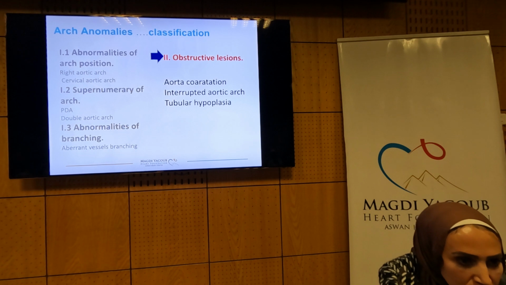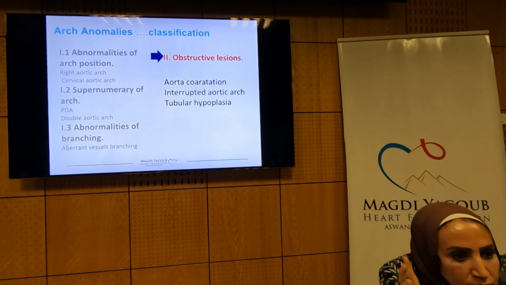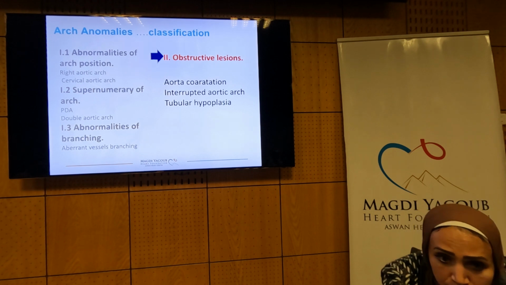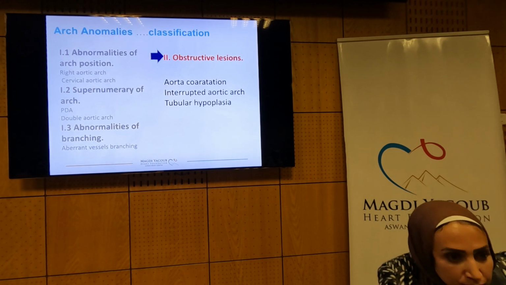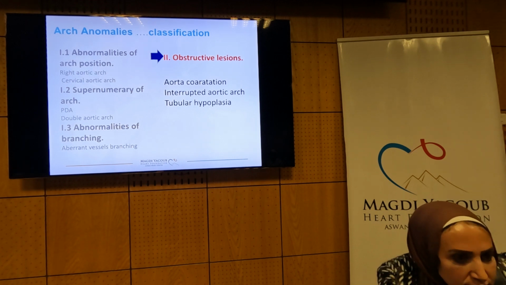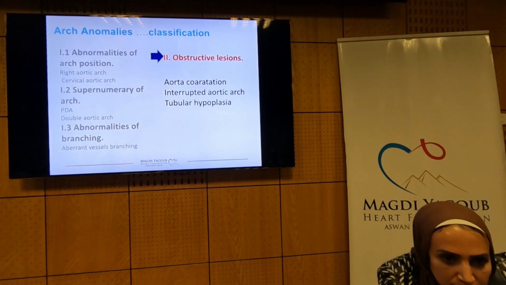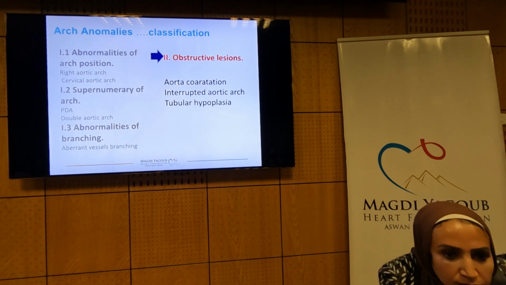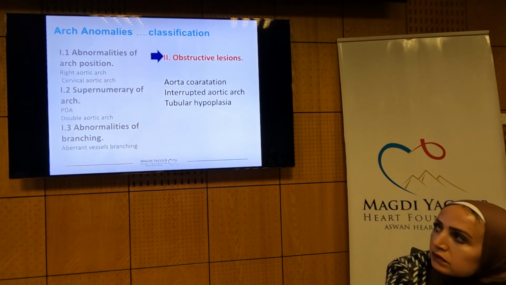How does it come? If you don't remember that the ascending aorta has a blood supply directly from the heart, and the isthmus supplies the descending part, it will not be clear in your mind why the ascending aorta is that healthy and the descending aorta becomes that diseased, because the blood supply in both of them in fetal life is different.